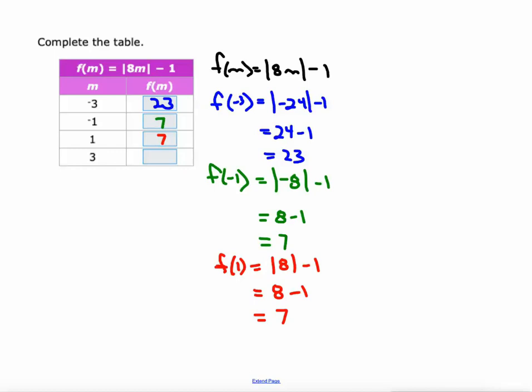All right, and one more here. Let's do f of 3. We're going to do the absolute value of 8 times 3, which is 24, minus the 1. The absolute value of 24 is 24, and 24 minus 1 is 23. Obviously some symmetry there, where the value of the function gets small and then starts getting bigger again.